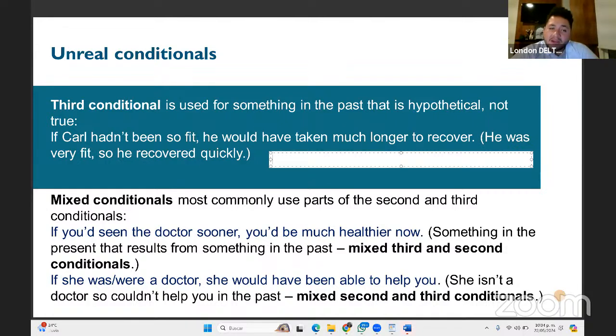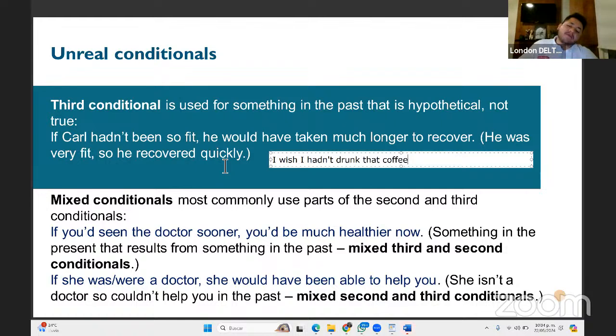If I drink coffee, my stomach is very sore and I suffer a lot. So in my case, sometimes I say, maybe using wish, I wish I hadn't drunk that coffee. Because if I hadn't drunk that coffee, I wouldn't be in pain now.